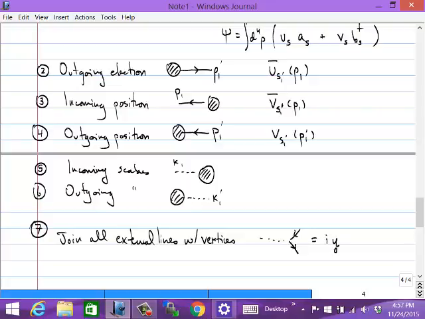Just as we get a factor of IY for each interaction vertex, we have to join these in all ways that are consistent with charge conservation. In particular, all of the arrows have to line up. If you have an arrow going out of one interaction vertex, then that either needs to go into another interaction vertex or it needs to exit the diagram.